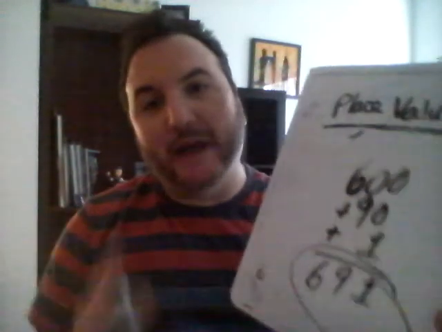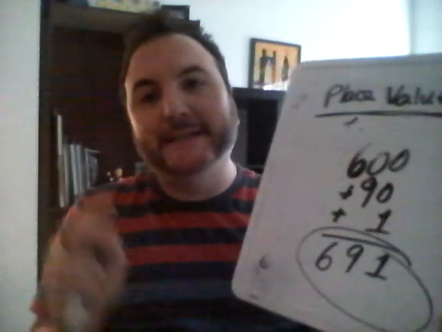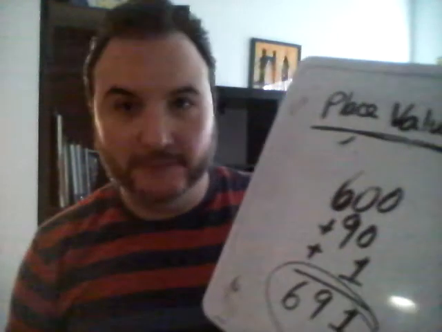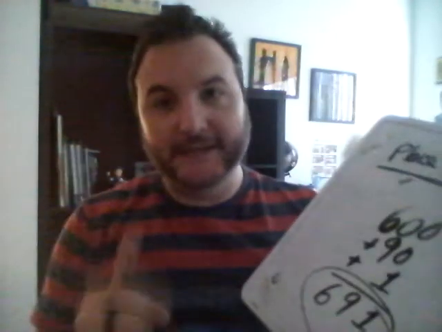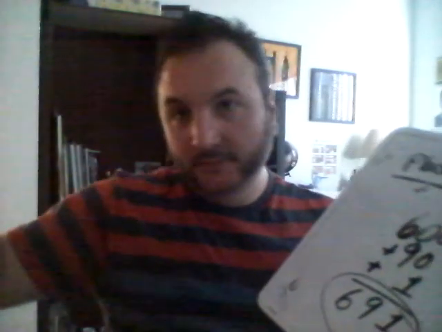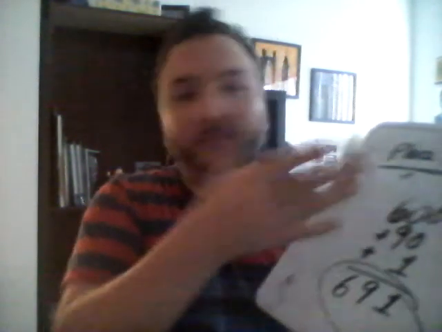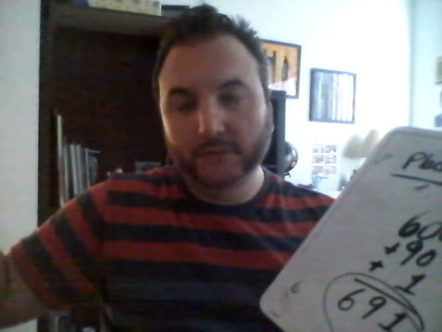When you add and subtract, you start on the right, always, even though you read the number left to right like you would a sentence. So remember, for today, hundreds, tens, ones from left to right. When you do your adding and subtracting, right to left.